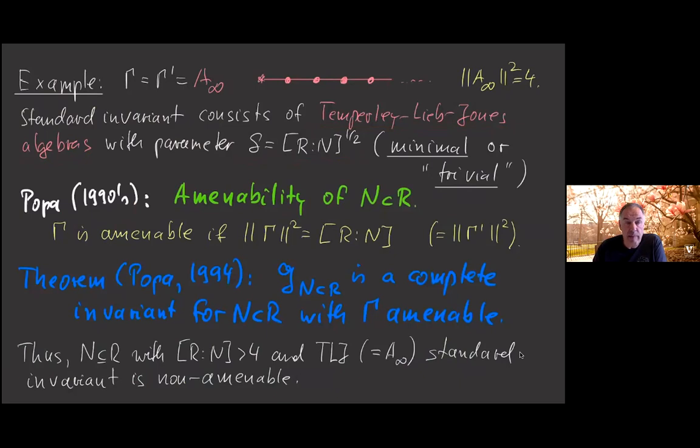Now, the Temperley-Lieb-Jones algebras are always subalgebras of these intertwiner algebras. So they're always there whenever you have a subfactor. And in case the standard invariant is just them, well, we call it minimal, or sometimes I will also just say trivial. Of course, it's far from being trivial, right?